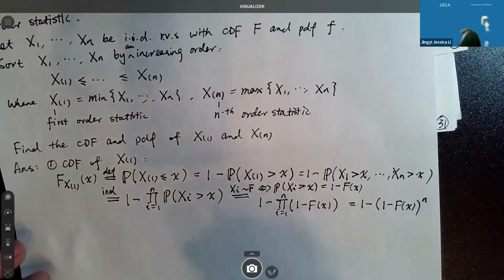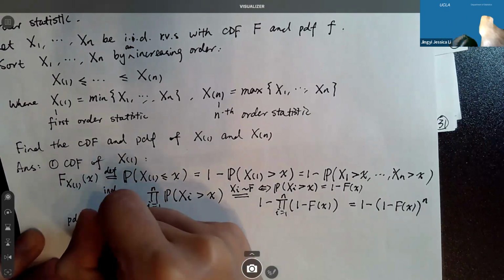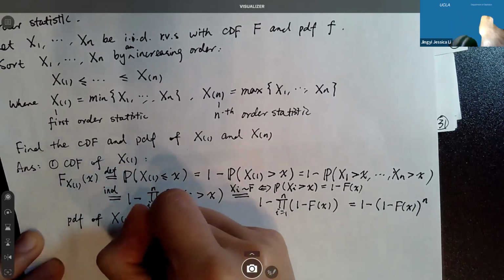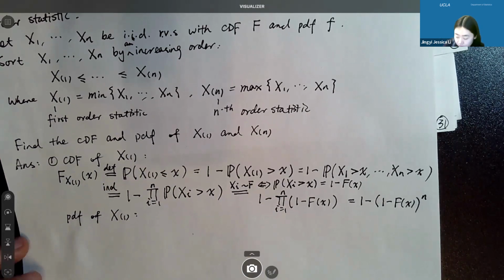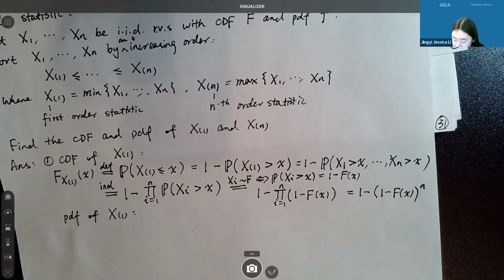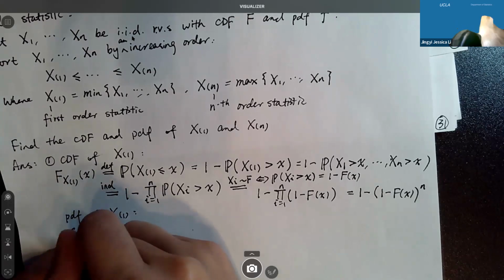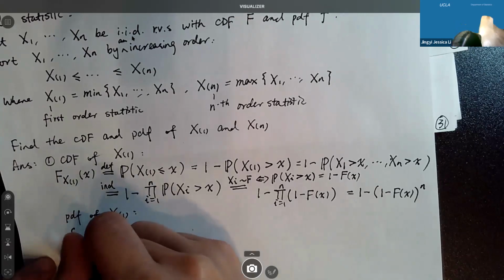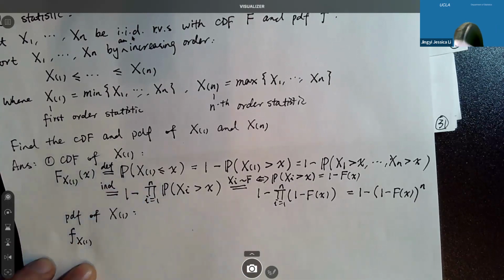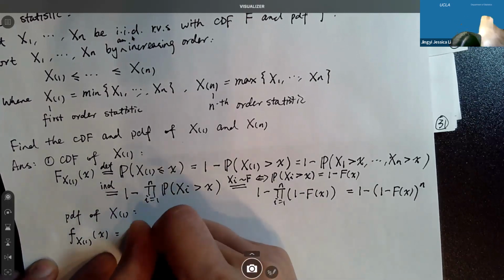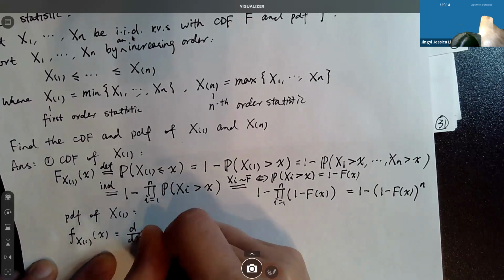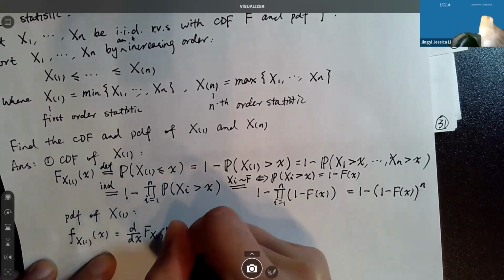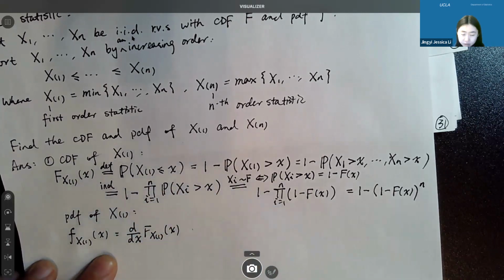Now for the PDF of the minimum, we just use the definition that the PDF is the derivative of the CDF. So we write this as small f. We still denote the random variable in the subscript for clarity. When we evaluate it at a real number, small x, it can be defined as the differentiation of the CDF at this x.